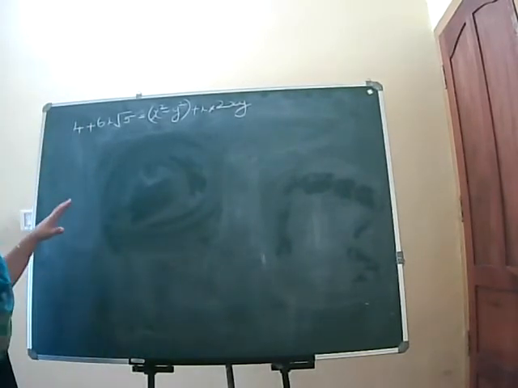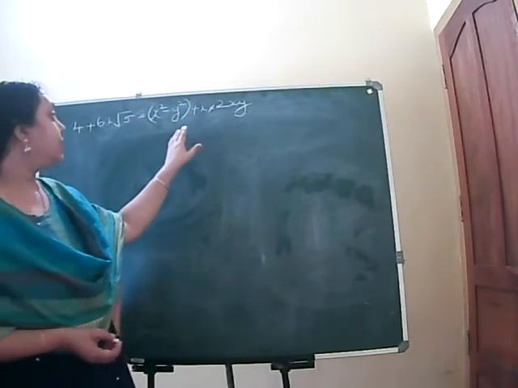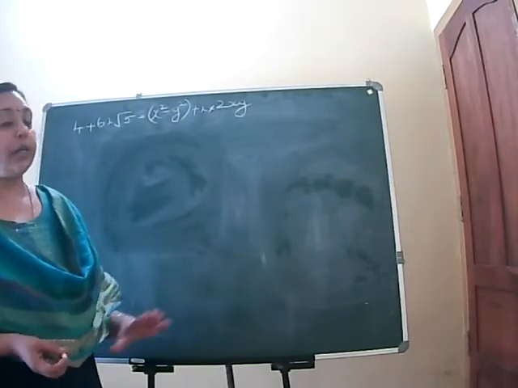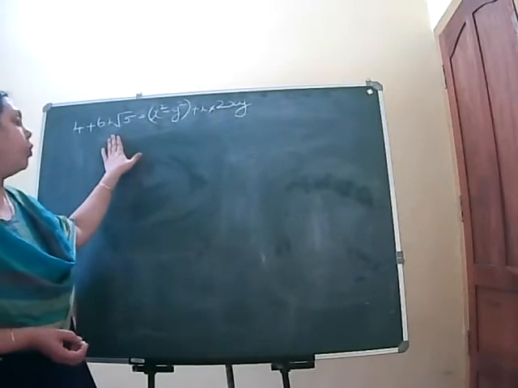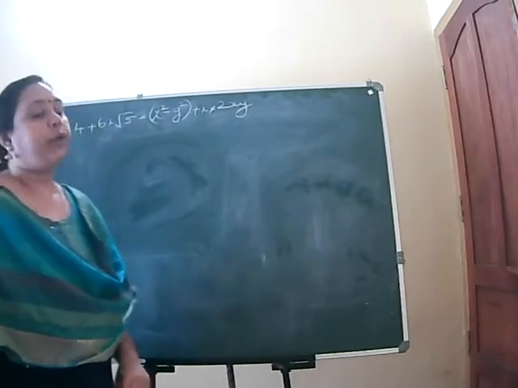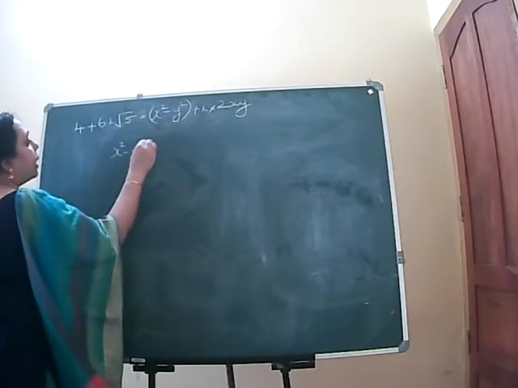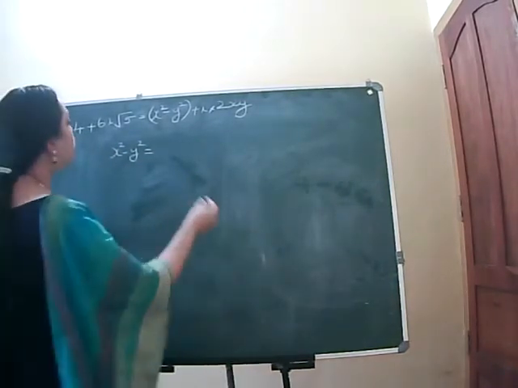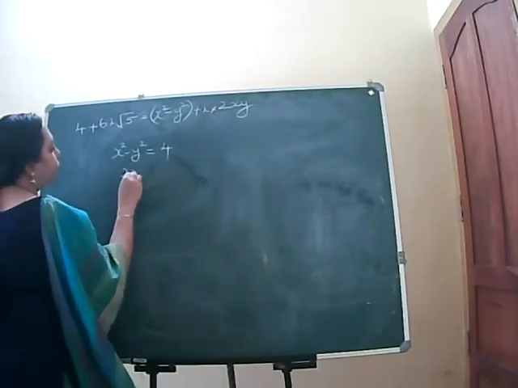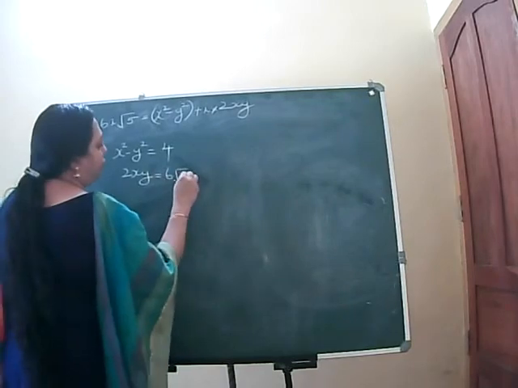That is, real part of LHS is 4 and RHS is x square minus y square. Similarly, imaginary part of LHS is 6 into root 5 and RHS is 2xy. Now we can equate them. That is, x square minus y square is equal to 4 and 2xy is equal to 6 into root 5.